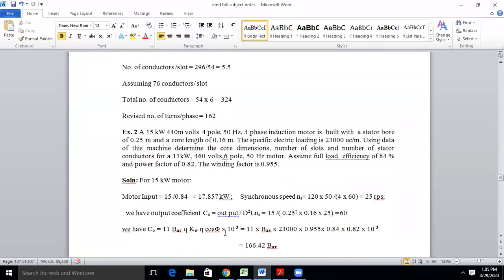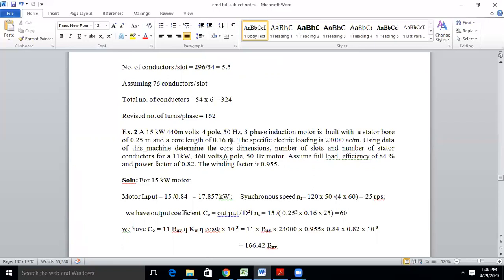Now, going to example number 2. In this case, again, a 15 kilowatt, 440 volts, 4 pole, 50 hertz, 3-phase induction motor is built with a stator core of 0.25 meter, that is, let us say, the diameter, and a core length of 0.16 meter.